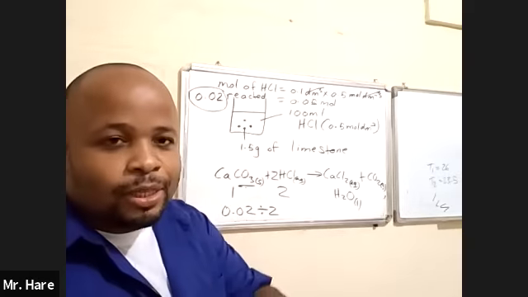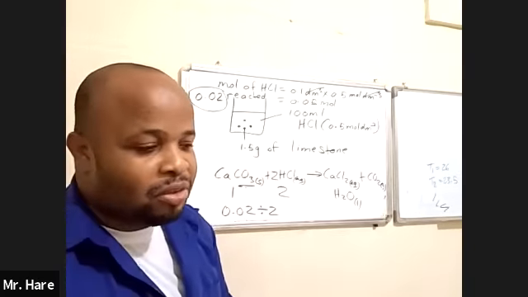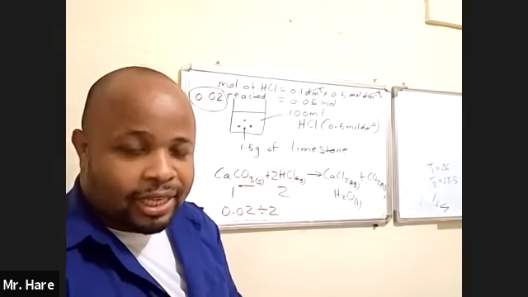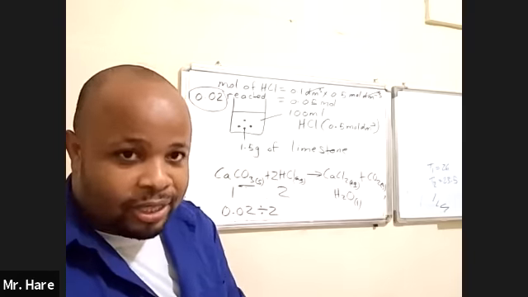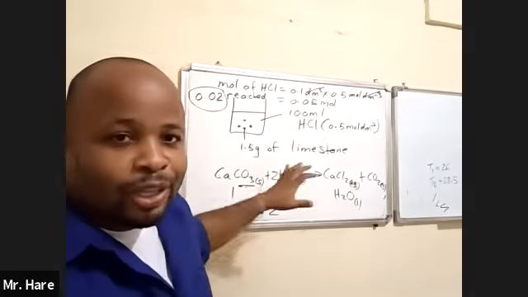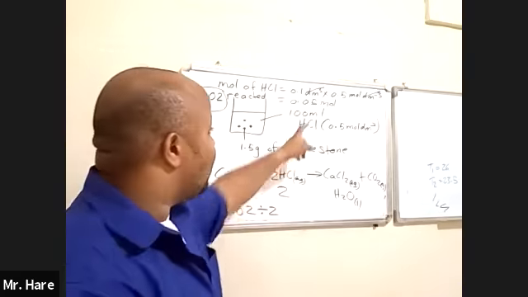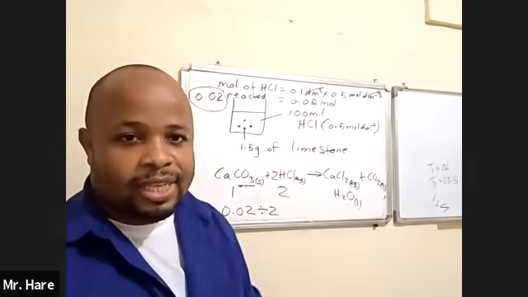So we add the precipitating reagent in excess to ensure that all of the analyte in this sample reacted. It's the same thing here. We want to ensure that all of the calcium carbonate in our sample reacts. So we add the hydrochloric acid in excess.